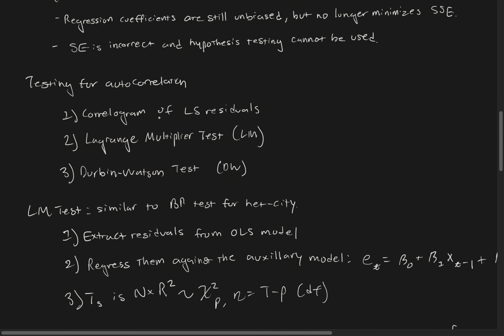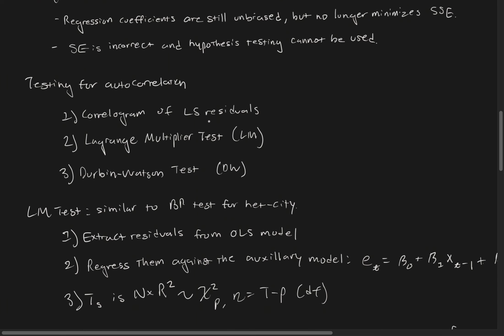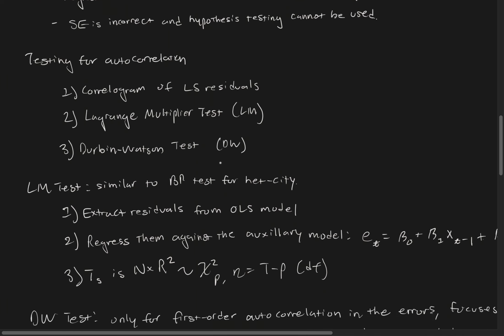For detecting autocorrelation or testing for it, we went over the parallelogram. If, based off the output of the software, it passes the threshold of the autocorrelation graph, then we can conclude that it has autocorrelation. The second method is what we'll call the Lagrange multiplier test, often abbreviated as the LM test.